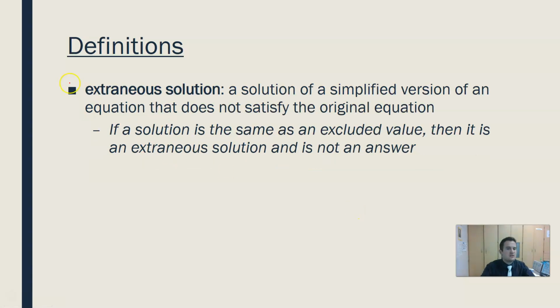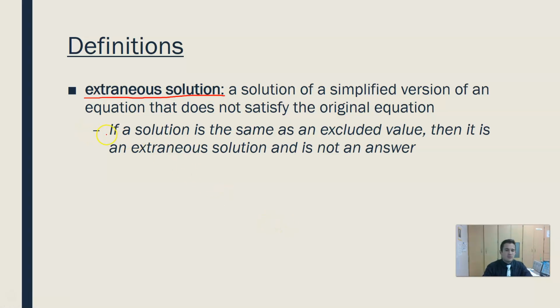Here's a definition. An extraneous solution is a solution of a simplified version of an equation that does not satisfy the original equation. Remember, in the past few lessons we talked about excluded values. If there's ever an x value that makes me divide by 0, then that value can't work because I can't divide by 0.